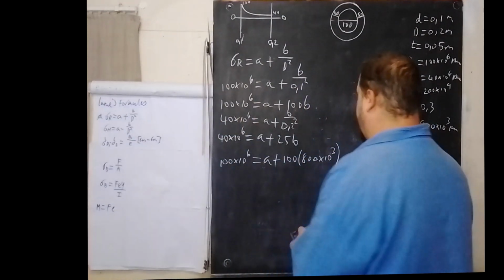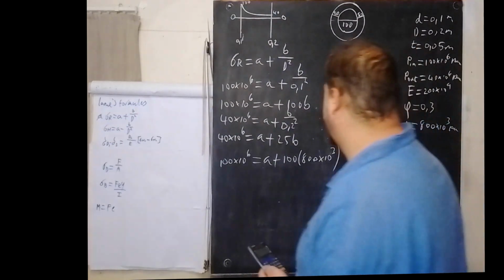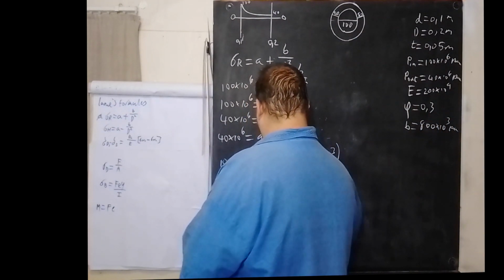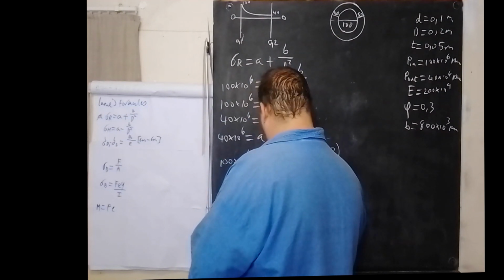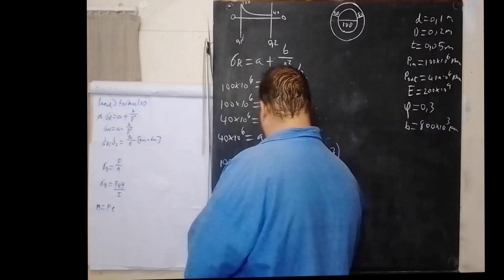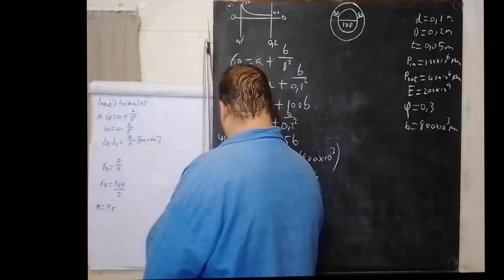Now let's put that in our calculator. A plus 80 times 10 to the 6 equals 100 times 10 to the 6.